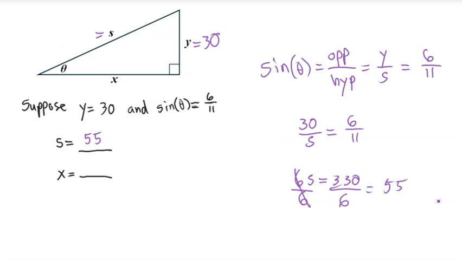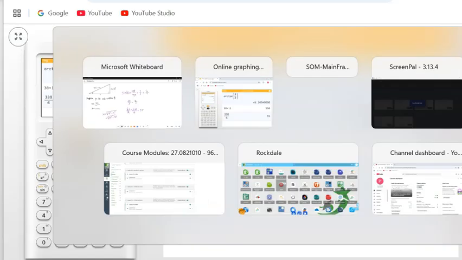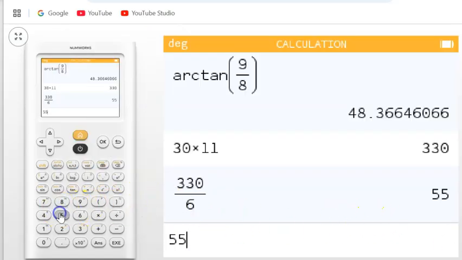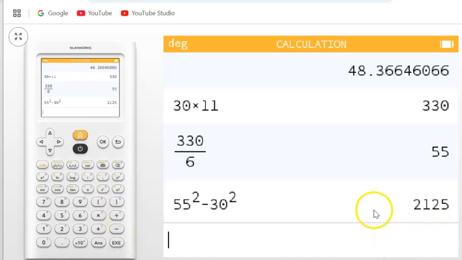Now that we know what s is and what y is, we can use the Pythagorean theorem to find x. x is equal to the square root of s squared minus y squared, which is the square root of 55 squared minus 30 squared. 55 squared minus 30 squared is 2125.